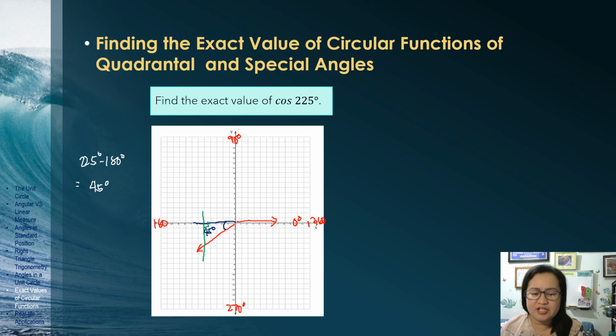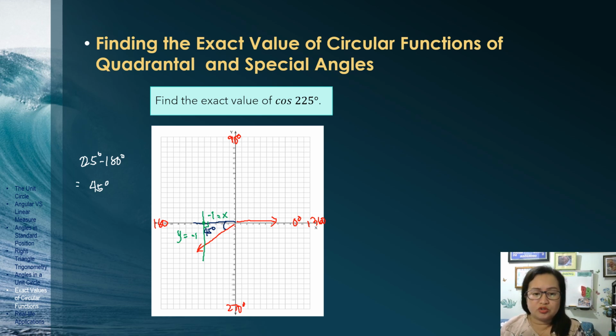So let's say if this is 1 unit, so let's say -1, here, that's equal to x. Then if that is -1, then this is also -1 because they are isosceles.